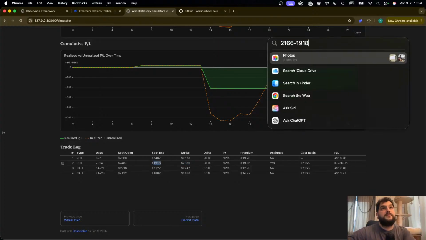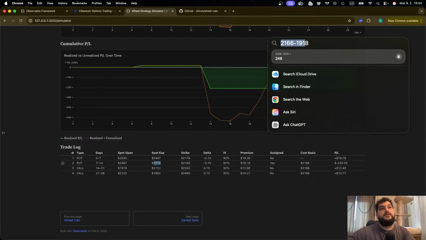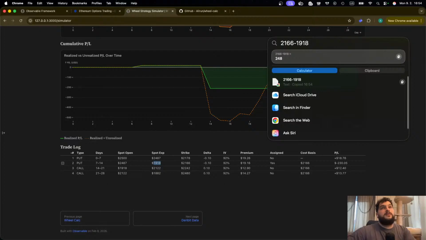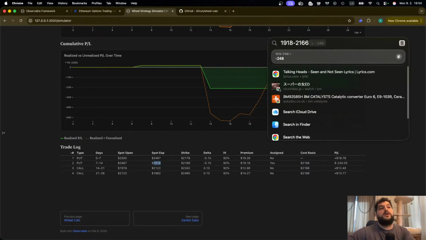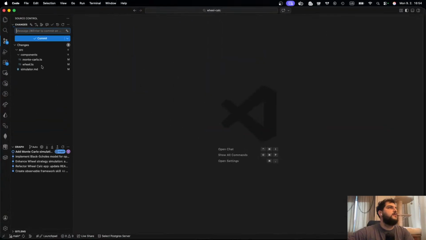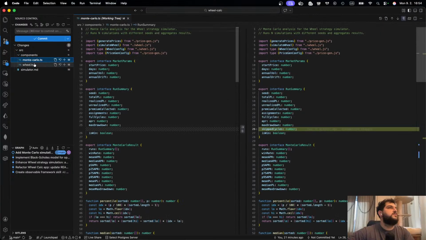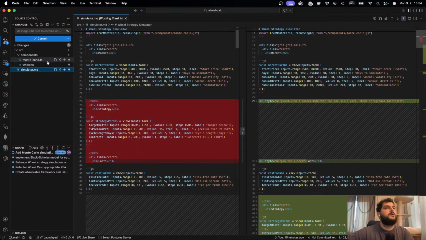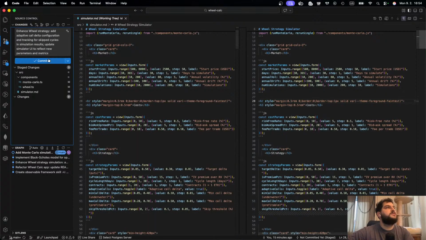So we are kind of minus here, but it's actually not realized P&L, right? So let's save our changes here so we won't lose them. But the question is if we calculate it correctly.